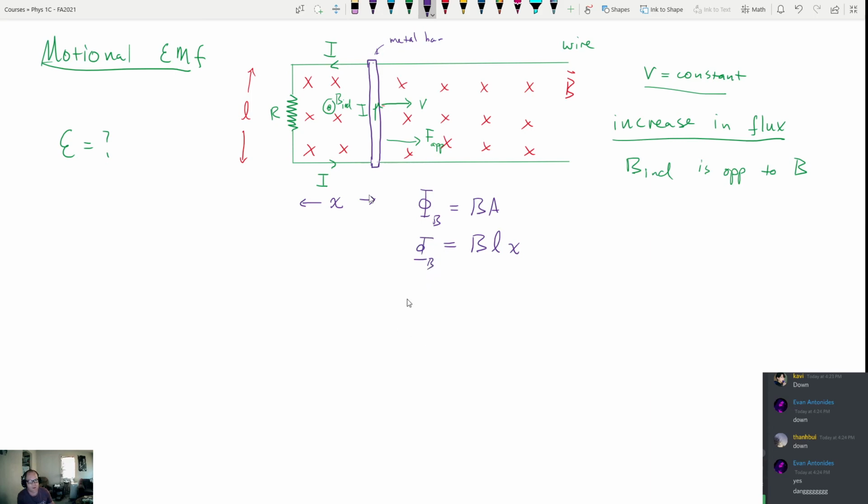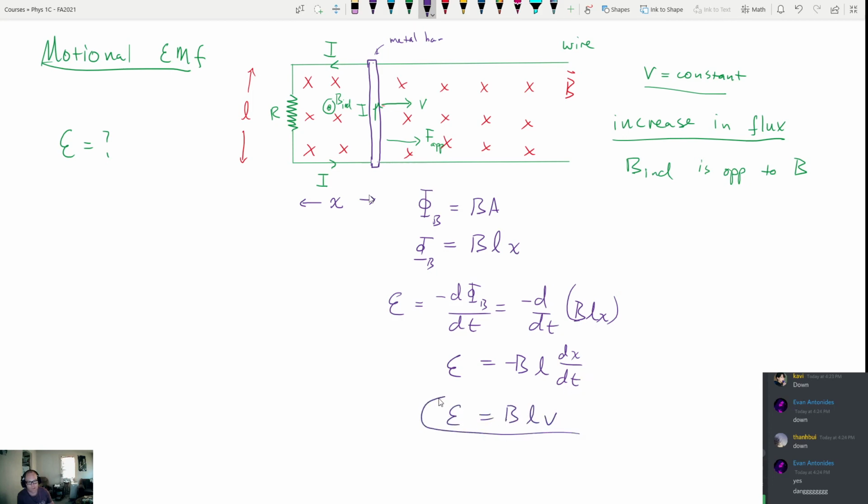Then EMF is going to be equal to negative the derivative of BLx. If I do negative d/dt of BLx, then B and L are constant, so I'll have B, L, and then dx/dt, right? And dx/dt is just going to be the velocity. And that is going to be my EMF.